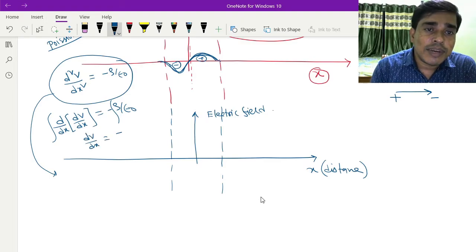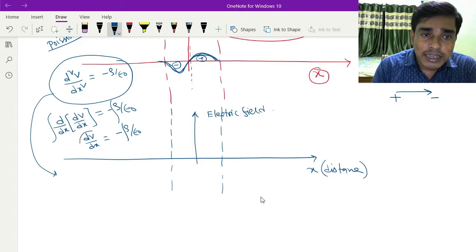It will be dv by dx equals minus rho by epsilon naught, integrated. And we know that minus dv by dx equals E, so it can be replaced by the electric field. So minus E equals minus integration of rho by epsilon naught.